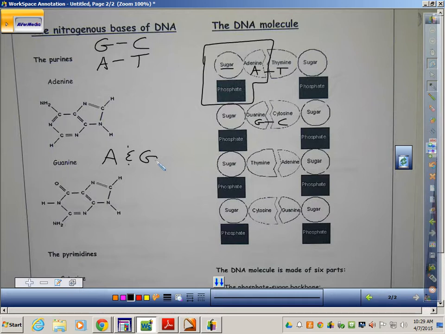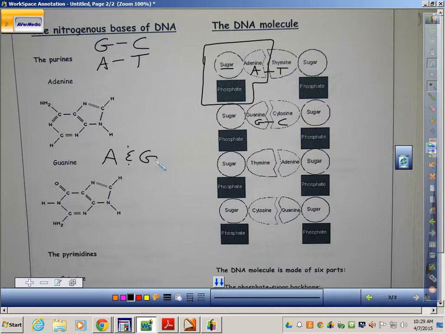How am I going to remember that adenine and guanine are purines, guys? You want to know how I remember it? How do you kill a werewolf? Silver, which is what? A and G, like pure silver, right? Okay, purines. So that's how I remember it. Literally, every time I got to remember purines, I go, I got to kill a werewolf with pure silver. So purines are AG, okay?